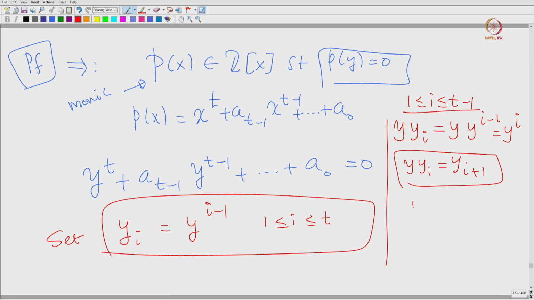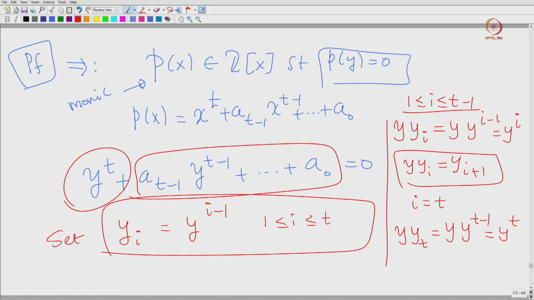Now, what happens when i equals t? Then we get y y_t equal to y times y^{t-1}, which is exactly equal to y^t. Now we can rewrite y^t in terms of all these things.